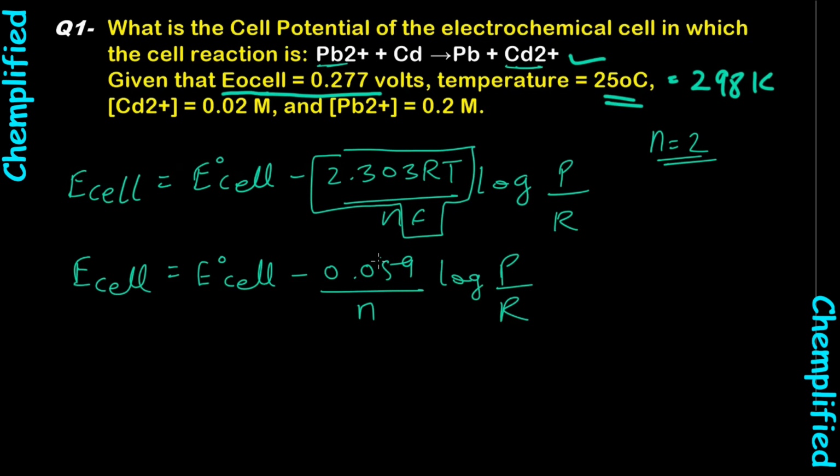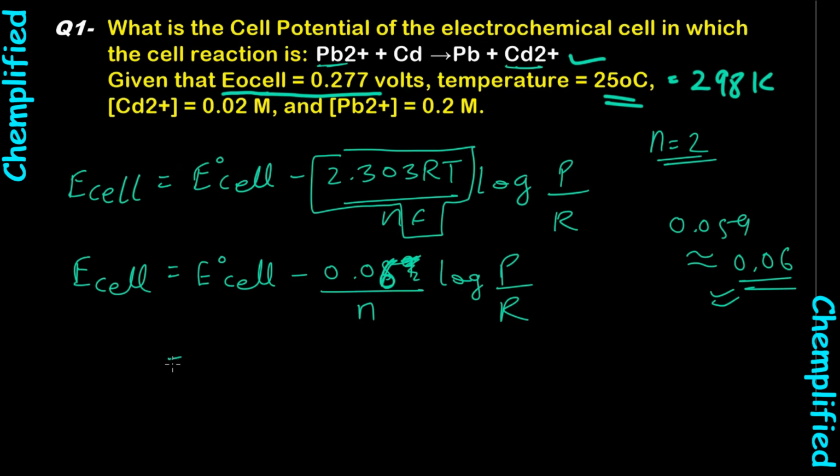Now this 0.059 is kind of difficult to divide by any number, so you can approximately take it equal to 0.06. This will make your numerical problem a little bit easy. So in place of 0.059 you can write 0.06 and remove the 9.